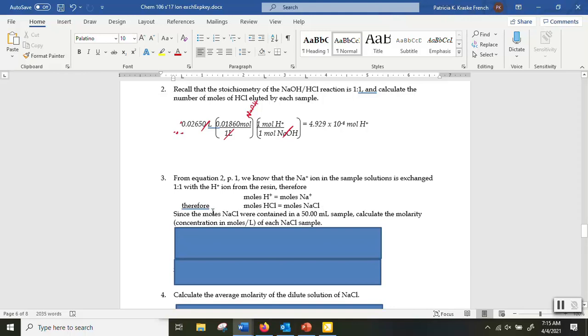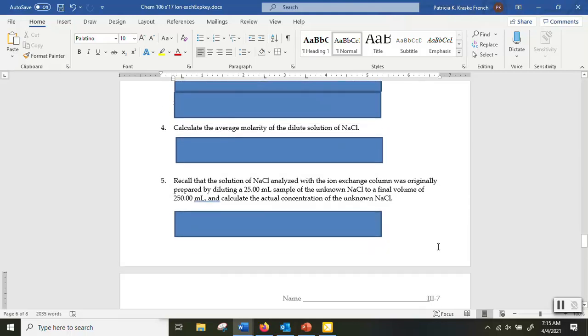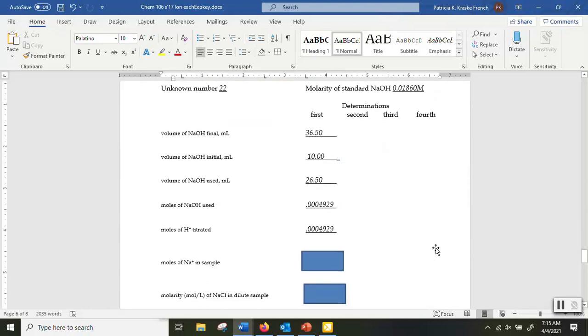So we're going to be finding the moles of NaCl in that 50 milliliter sample that we put on the column. First things first, the moles of Na+ that were in the sample: 1-to-1-to-1, so it's the same number.